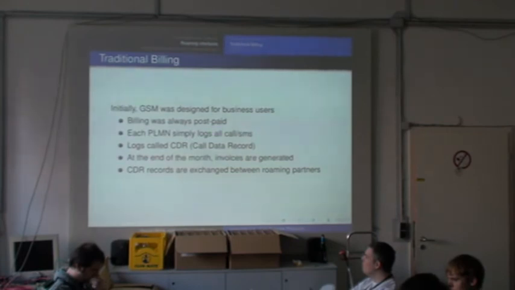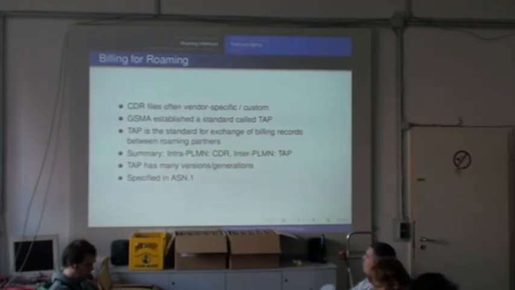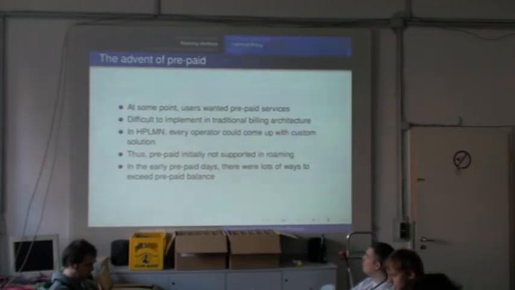But technically, the CDR files are exchanged, and the CDR files are often vendor-specific or custom. There is a GSMA established standard called TAP, Transferred Account Procedures, I think, but I don't know what the T was for. Anyway, that's a standard used a lot. It's also specified in ASN.1, but it's a GSMA standard and not a 3GPP standard, and I think it's not really publicly available.